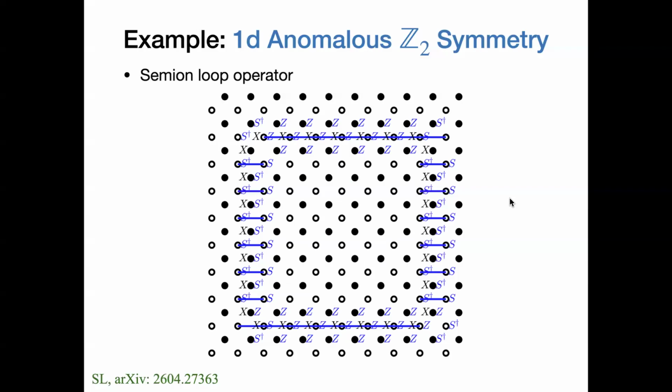I see. I guess it doesn't commute with the local symmetry generator. This is this argument. I didn't prove it's necessary, but this sounds like this will generically happen when you deal with anomalous symmetry. I see. Thank you.